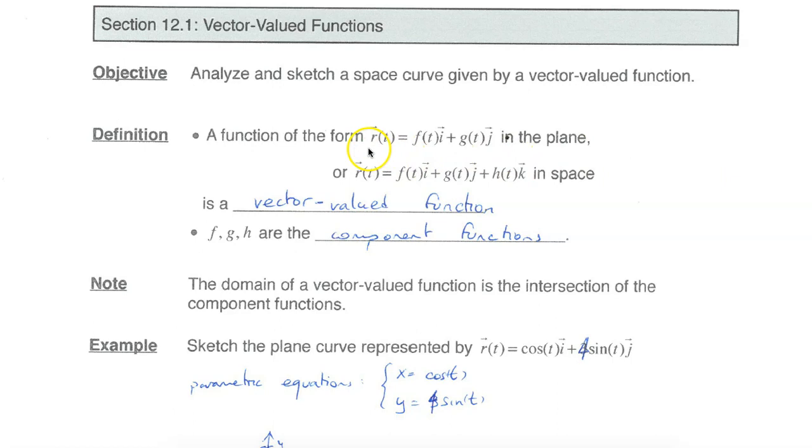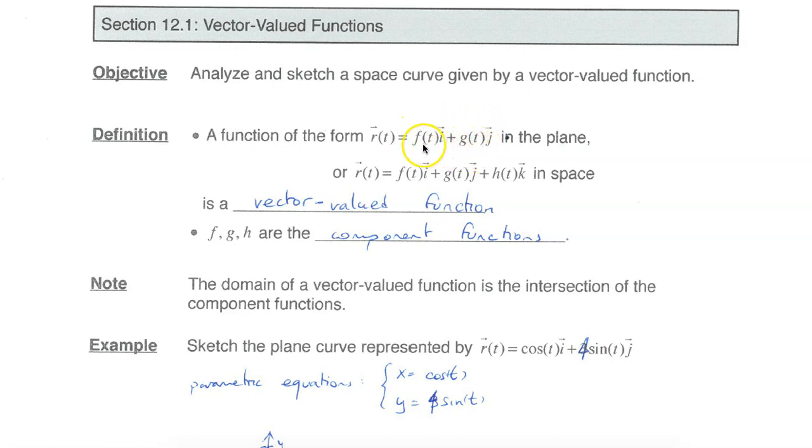This is here an example of a vector-valued function in the plane. And here's an example of a vector-valued function in space. So you can see that it is a vector, and the components of the vectors are f of t and g of t.